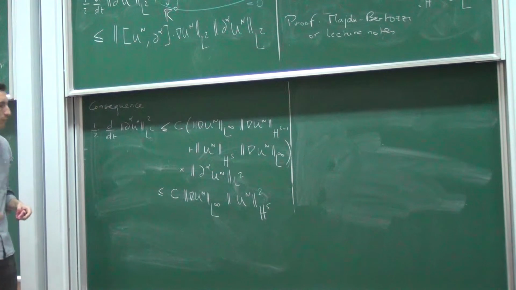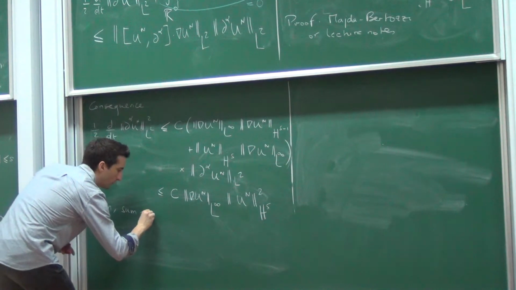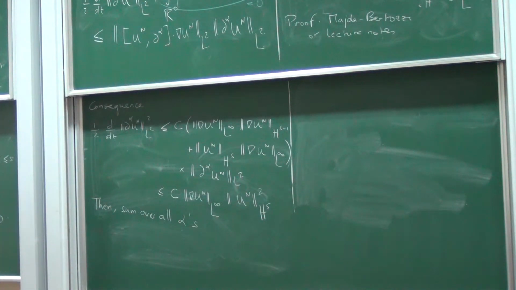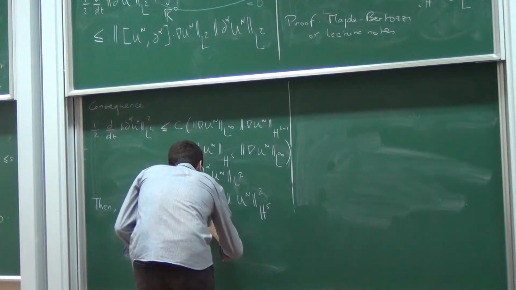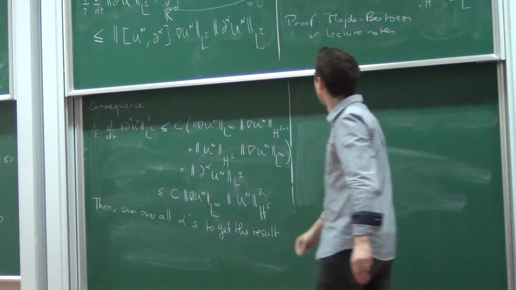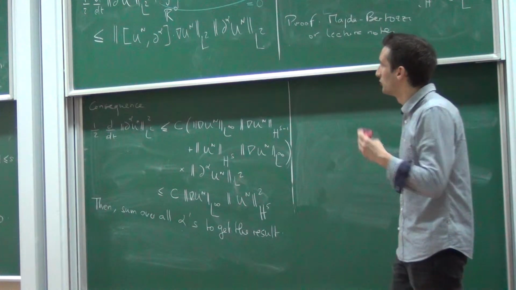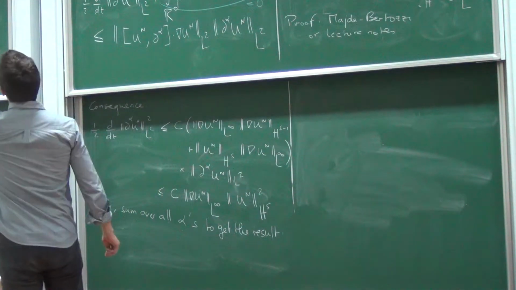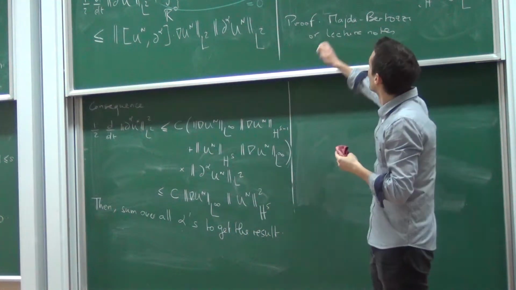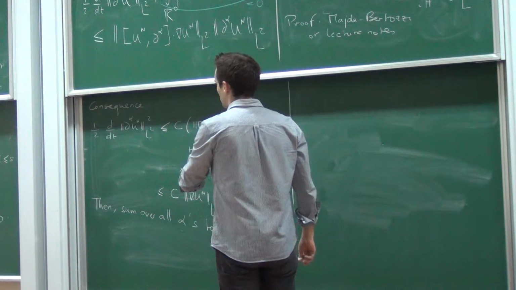And then I sum over all alphas to get the result. Alright, so this is the crucial energy estimate. And the main point is you get rid of the worst term by the cancellation property, and the other terms are nicer, and you control them by this nice estimate. Okay, so that's for the proposition.